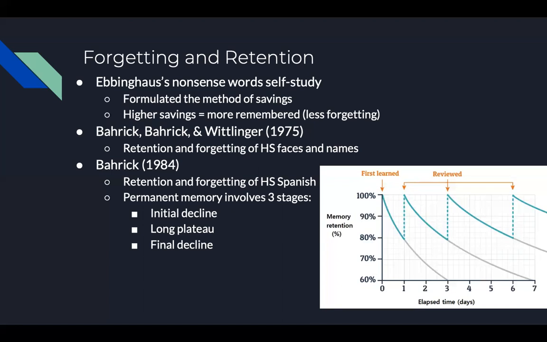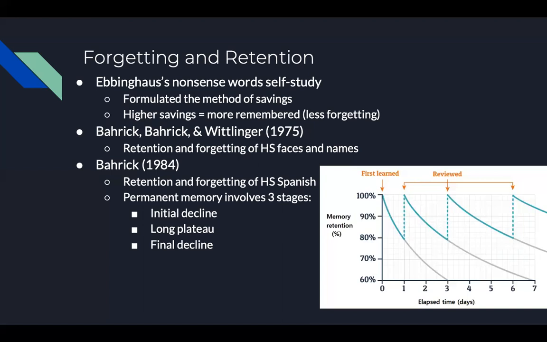This is like the final stage of memory. But rather, Neisser was like, well, actually, I think that some memories come to a point where they're more resistant to this sort of interference.